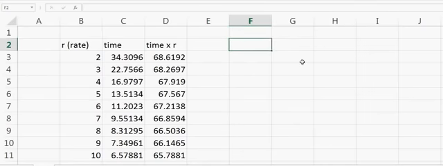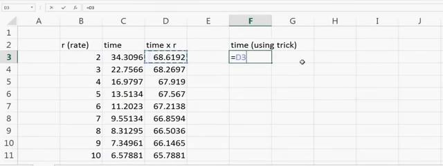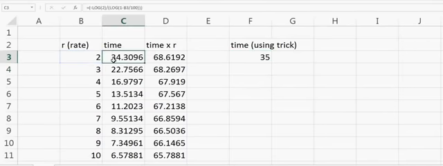Now if we calculate this using the trick, what should be the time using the trick? That should be equal to 70 divided by rate, that's 35 years. You can see that originally we were calculating 34 years, but by using the trick it's 35 years, so it's a very close approximation.